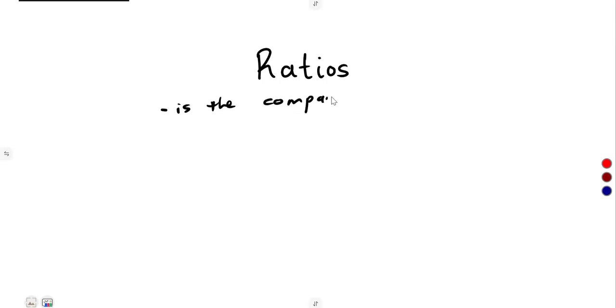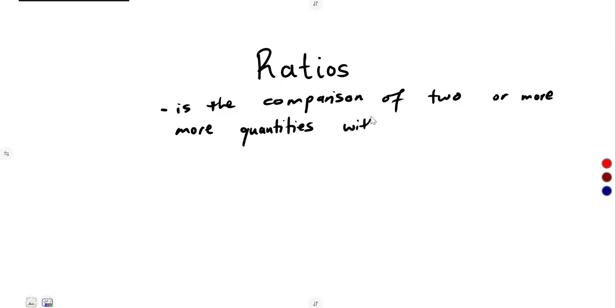All right, let me just have it this way, it is a comparison of two. It can be two or more quantities with the same units. So we must have the same units.